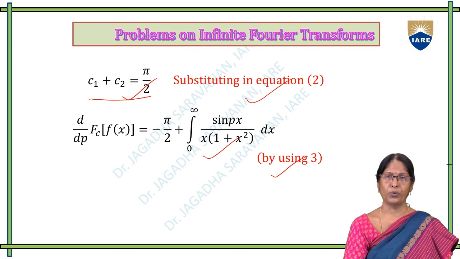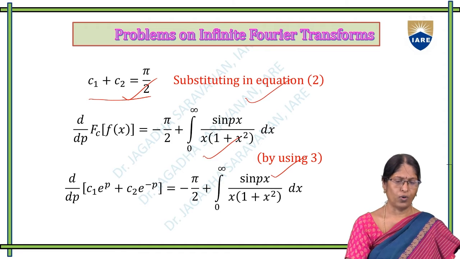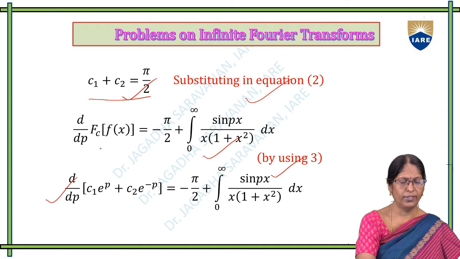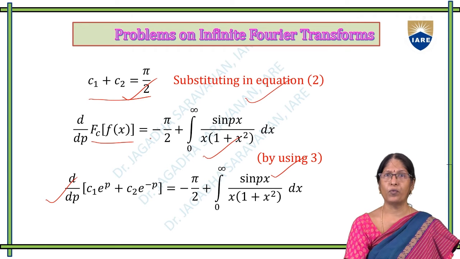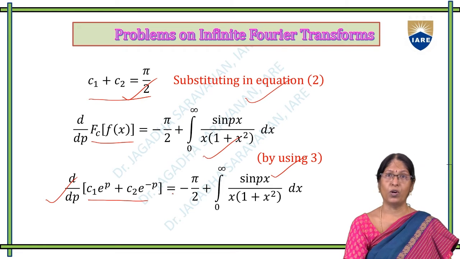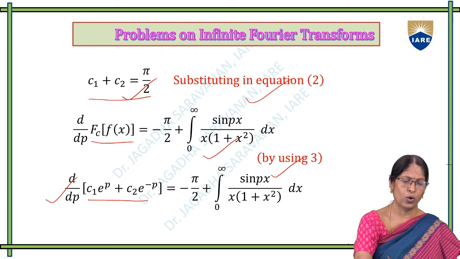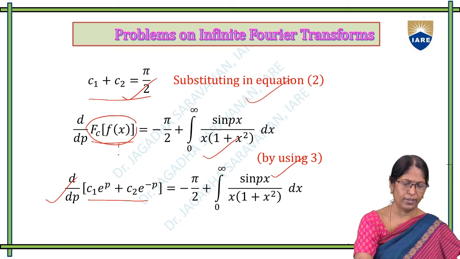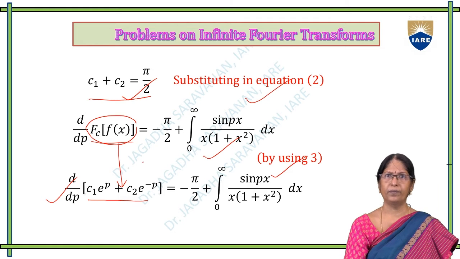For that, d by dp of the Fourier cosine of the function f of x, that is the general solution of the Fourier cosine transform of the function we found, is substituted here.